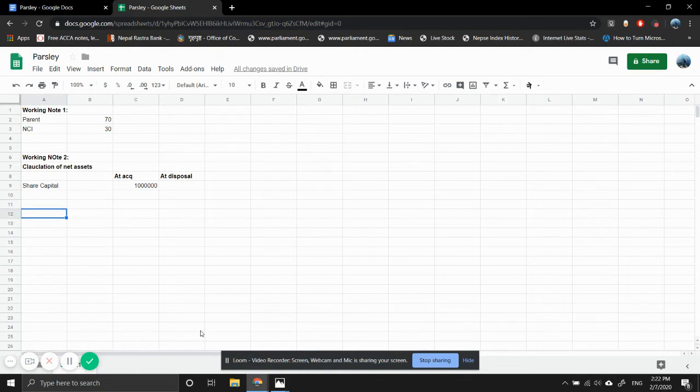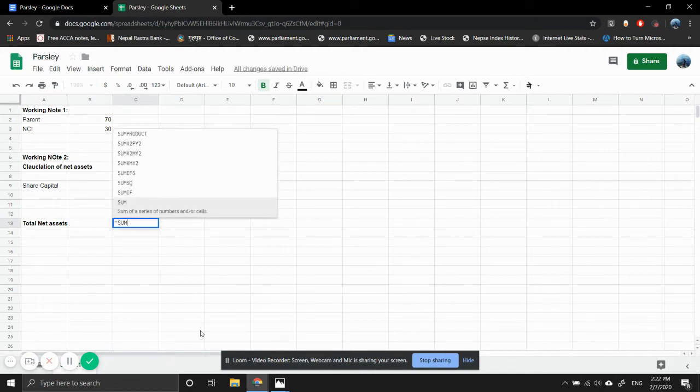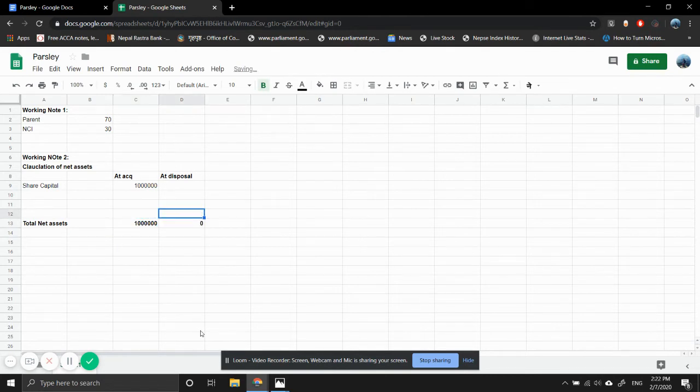So what was the total net assets? This will be the sum of everything, and this figure will be the same as that.